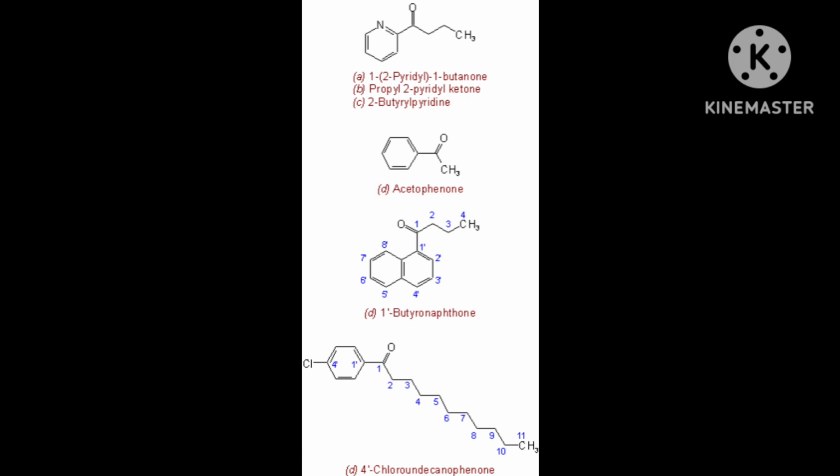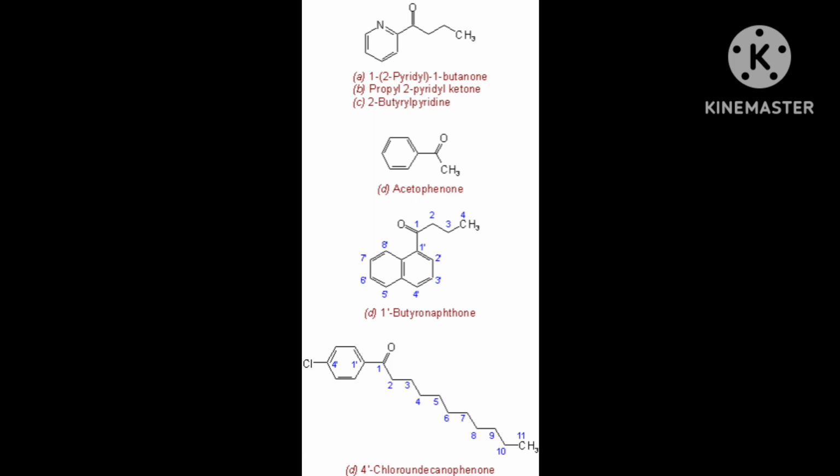That means here the group is only one ketone group, but this double bond is also there, that you have to understand. When a ketone group is there and the ene is also there, the double bond is also there, then it is called mesityl oxide.